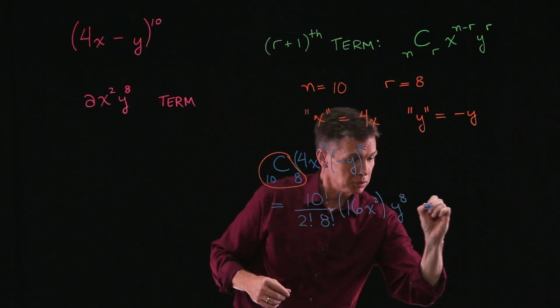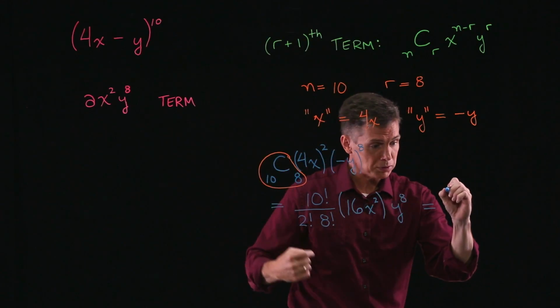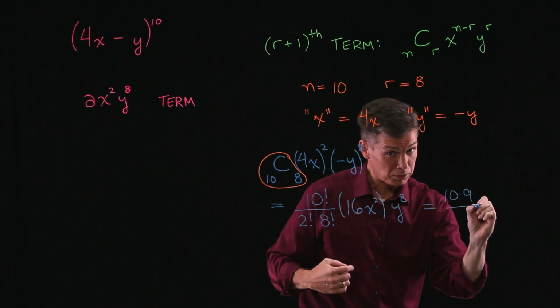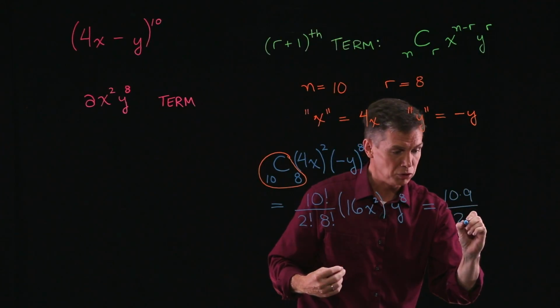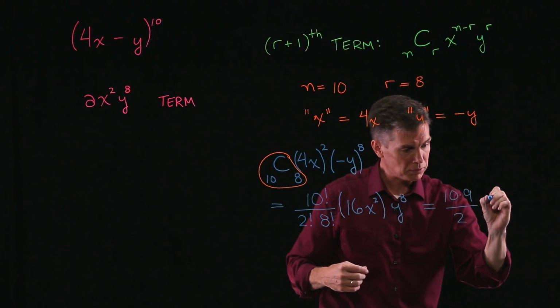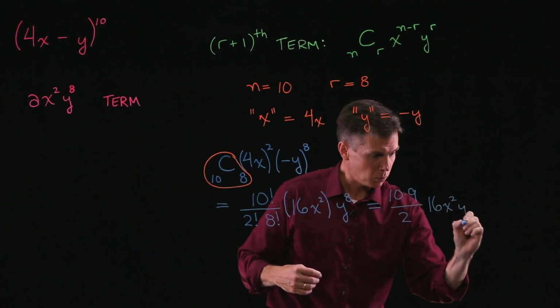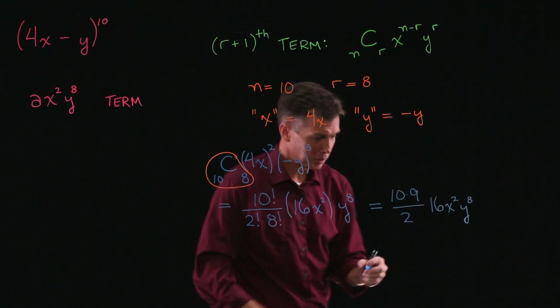So let me slide over to do that. Pretty common trick we've been doing with these factorials is 10 times 9 times 8 factorial. The 8 factorial crosses out, so you just have a 2 down here, times the 16x squared y to the 8th. All right? Let's evaluate this as well.